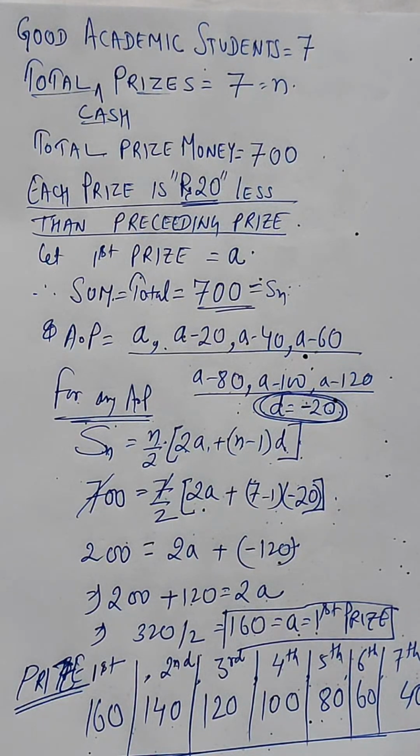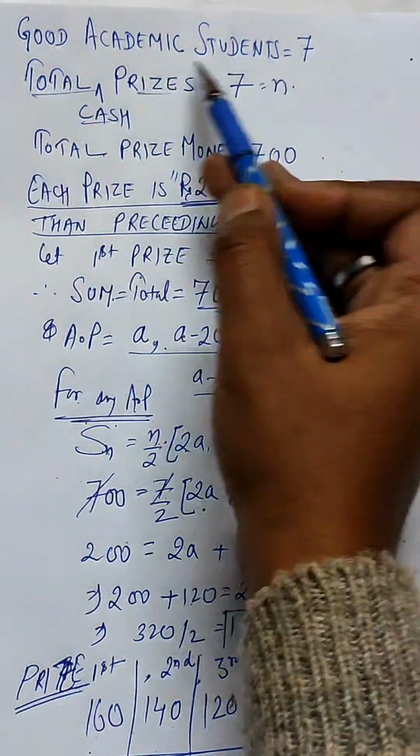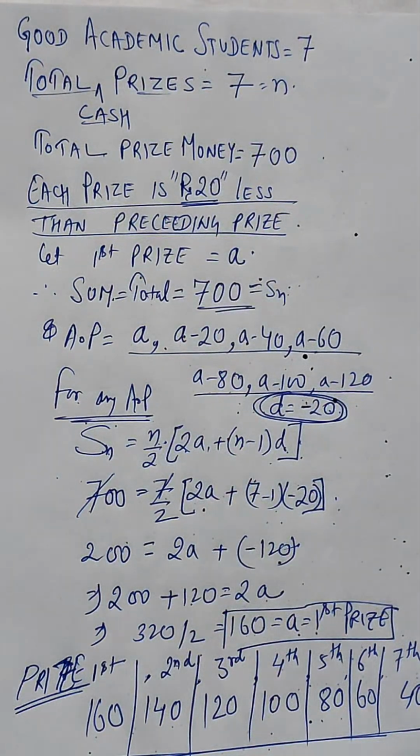Okay, all those students were good in academics. So 7 cash prizes were decided. And now for their overall academic performance, if each prize is rupees 20 less than its preceding prize, find the value of each prize. Okay, so what we did, let me solve it here.